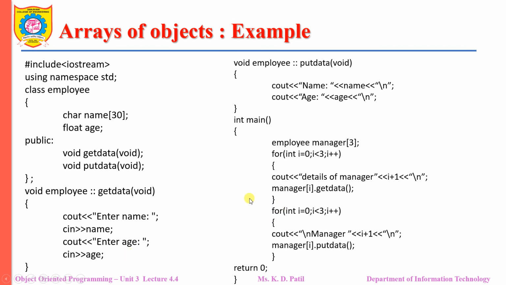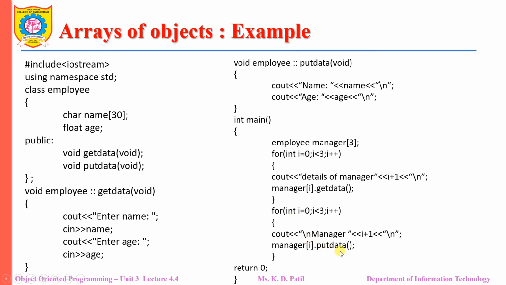After that, now i is not equal to 3, that means I can enter 2 more records. So i is equal to 1, and again the get data function will be called, and I can enter the name and age of the manager object. After that, the third record will be entered in the same way.